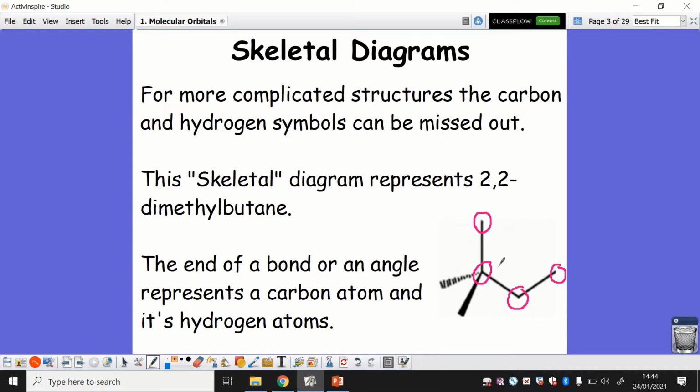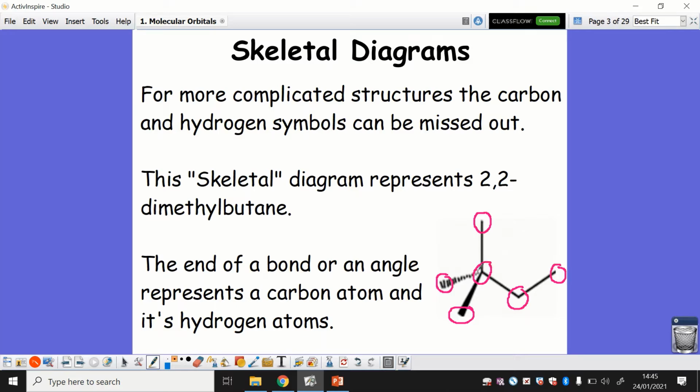Okay, so there's 1, 2, 3, 4 carbons, a methyl group there, and a methyl group here. Now, it would be up to you to work out how many hydrogens each of these little angles would represent, based on how many bonds that carbon is forming. We know it forms 4 bonds in these alkanes.